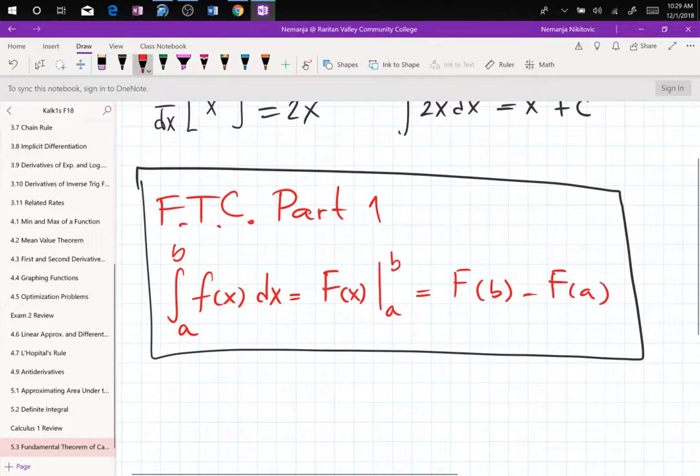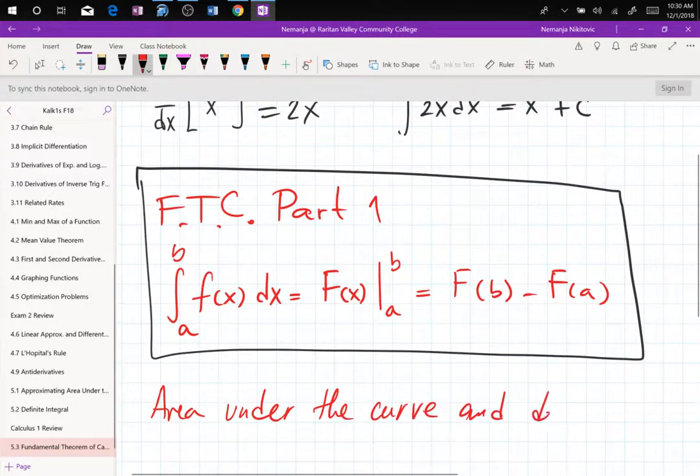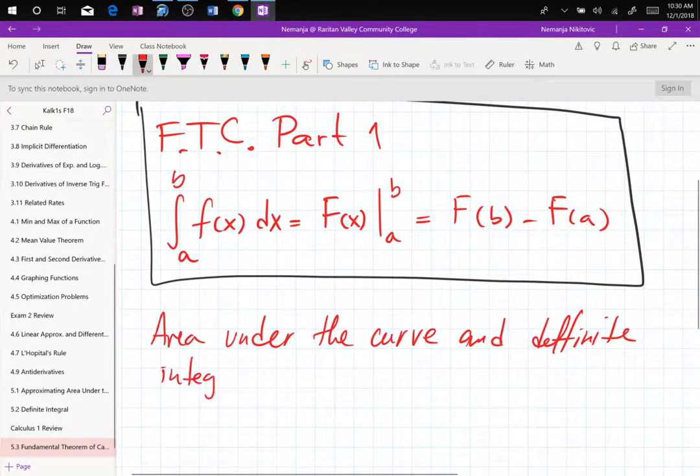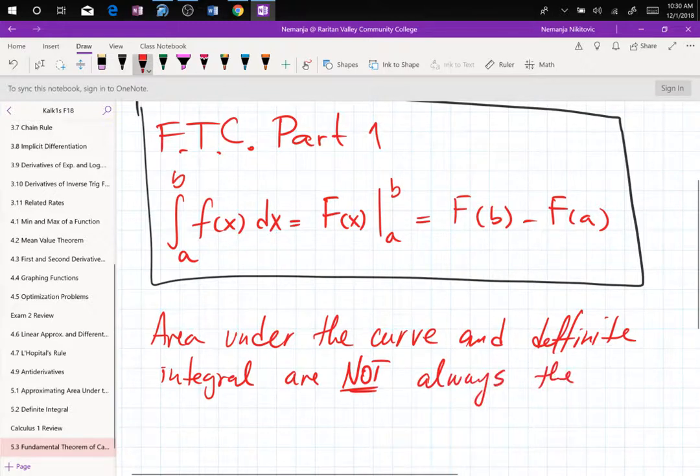So area under the curve and definite integral are not always the same value.